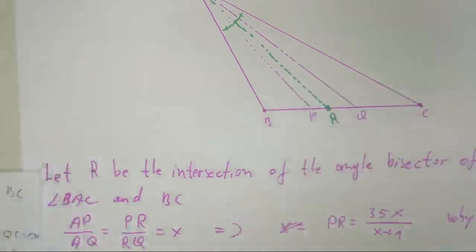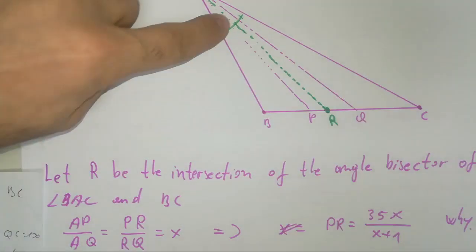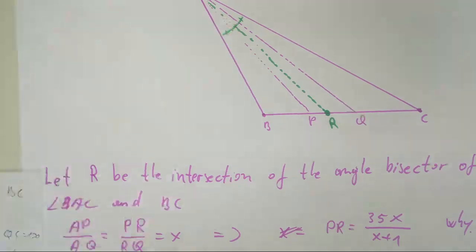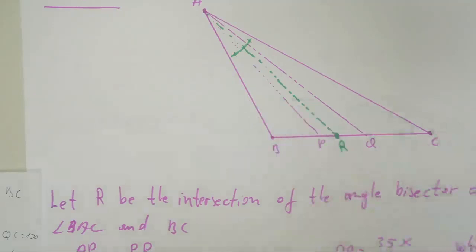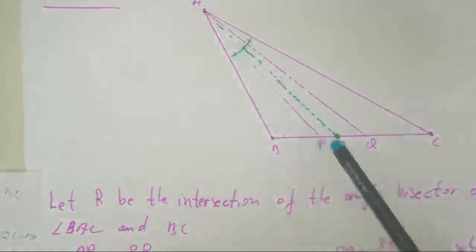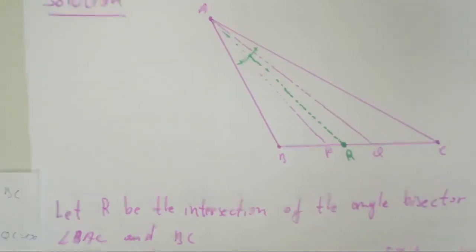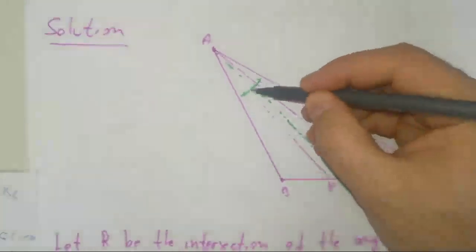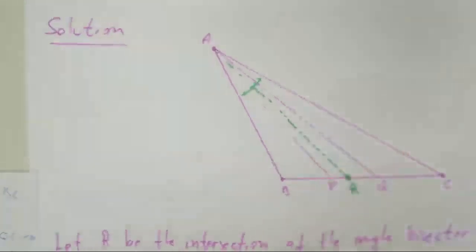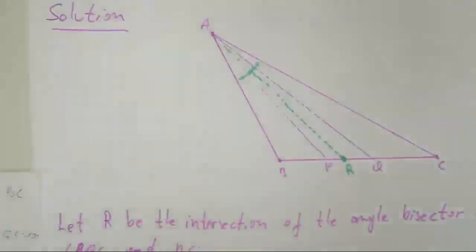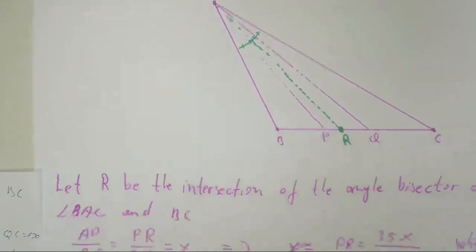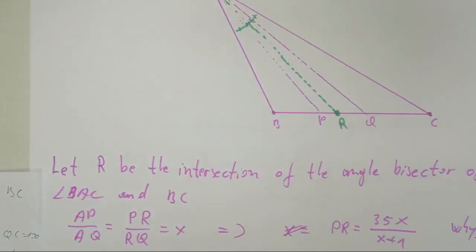Great. So here we have an angle bisector. If it's bisecting the triangle ABC, it means that AP, which is still the angle bisector of this one, those two small triangles, angles here are equal also. It means that AP over AQ is PR over RQ. Is that clear?